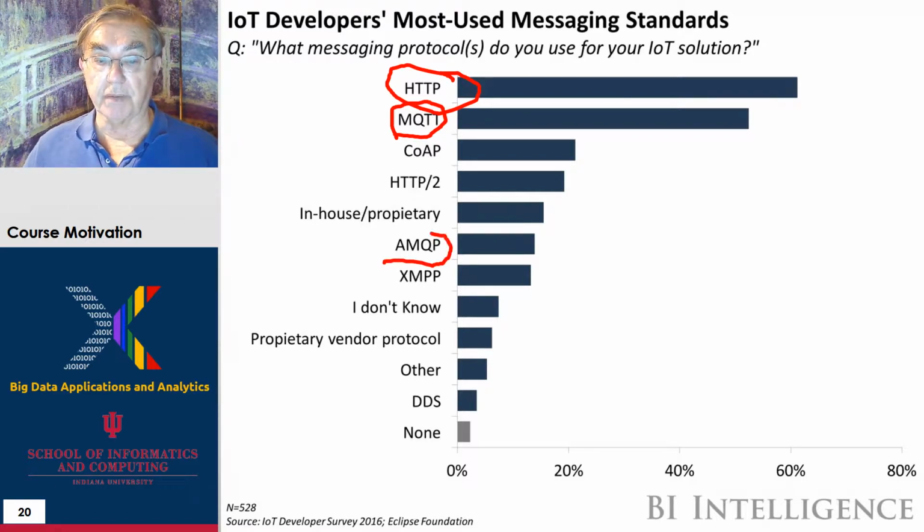AMQP is a very famous publish-subscribe messaging system. Here we can't even spell proprietary, but never mind. Let's add an R there. And I'm not quite certain what CoAP and DDS is. XMPP I have worked on, although I've forgotten its details.